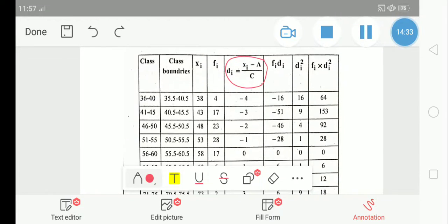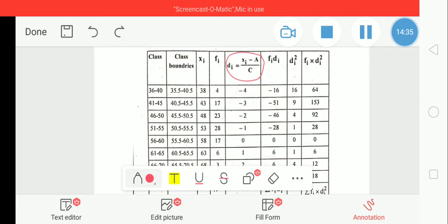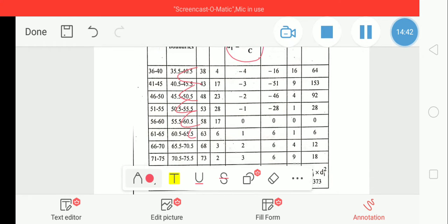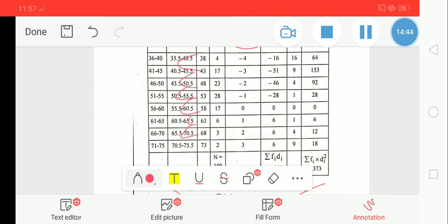So first find A, from the midpoints. So 38 plus 43 plus 48 plus 53 plus 58 plus 63 plus 68 plus 73, so that gives 444, divided by 1, 2, 3, 4, 5, 6, 7, 8, divided by 8 means n.